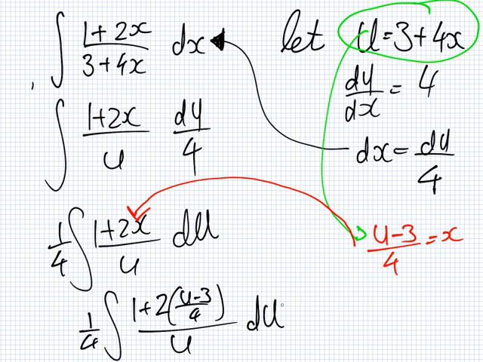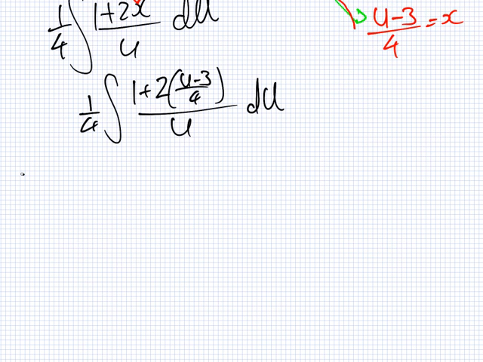Now, here, this is a quarter of 1 plus 2u. Actually, you know what? Sorry, I can cancel here. The 2 goes into the 4 twice.